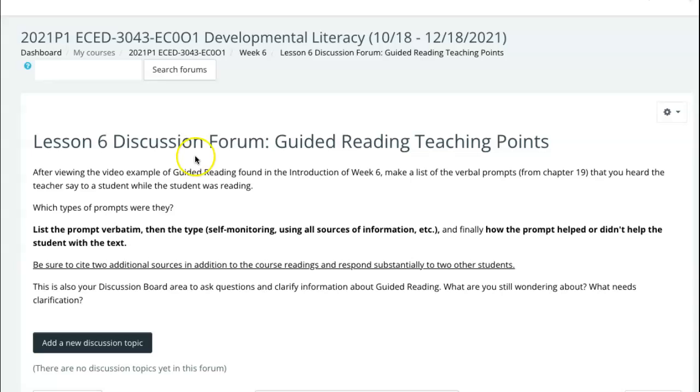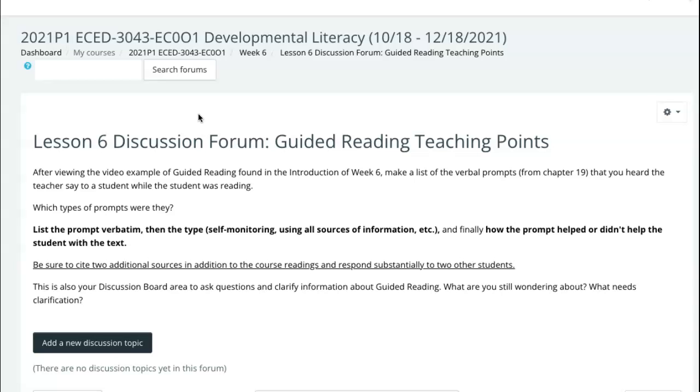Okay, this week you're going to look at the example of guided reading in the introduction and make a list of the verbal prompts that are found in chapter 19 that you heard the teacher say to a student while the student was reading. Now, which type of prompt was that the teacher used? Was it for searching for and using information?